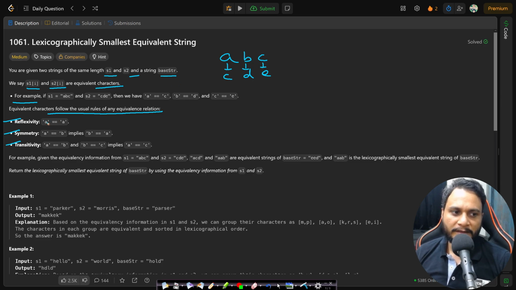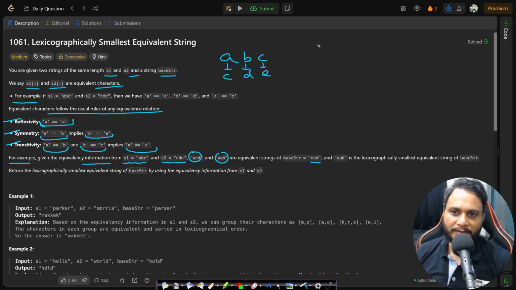The same items are equal; if a equals b then b equals a; and if a equals b and b equals c, then a equals c. Given this equivalence information, acd and aab are equivalent strings of the base string eed.